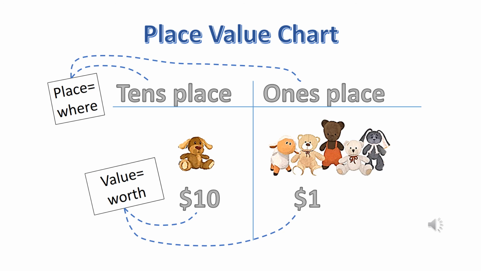So place answers the question where, the ones place or the tens place, and value tells you how much. How much is something that sits in the ones place? Well, it's worth 1. How much is something that sits in the tens place? Well, it's worth 10.